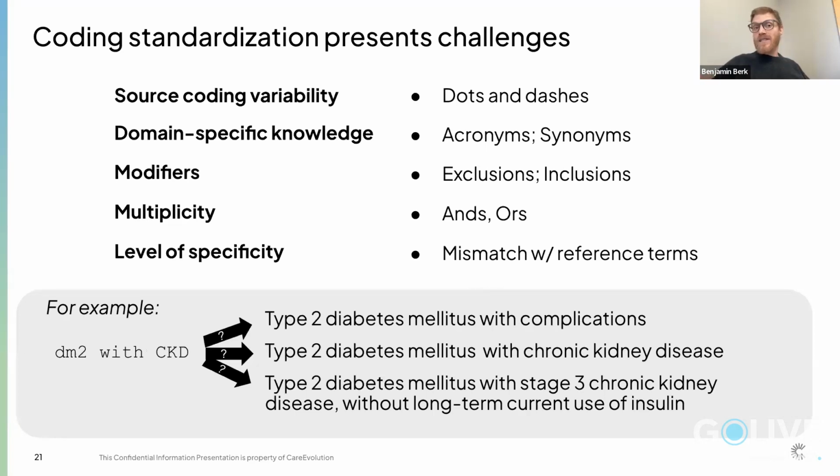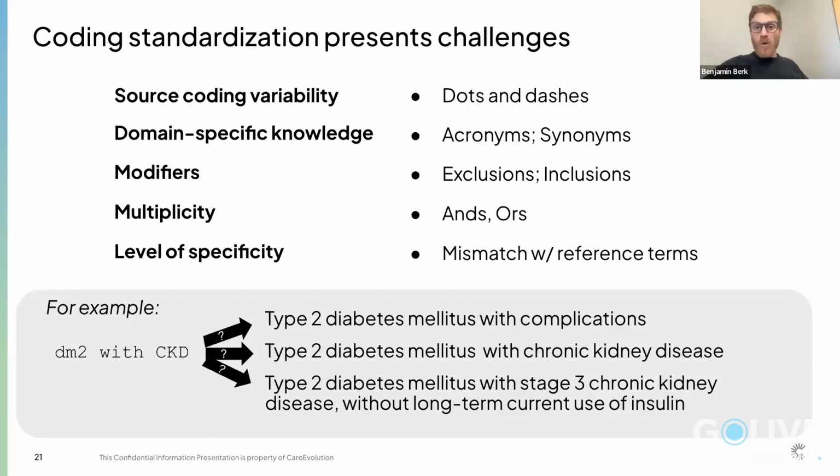There are differences in terms, I think this gets a little overwhelming, differences in terms of level of specificity. So let's say we have diabetes with chronic kidney disease. Well, maybe in our target reference system, we can map that to type 2 diabetes with chronic kidney disease. That'd be great. But it might be that our reference system is a bit less specified, and we could just as accurately map to type 2 diabetes with complications, just more generalized, not specific about which complication.